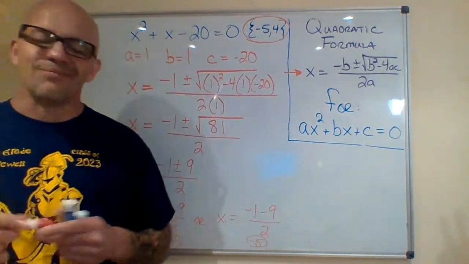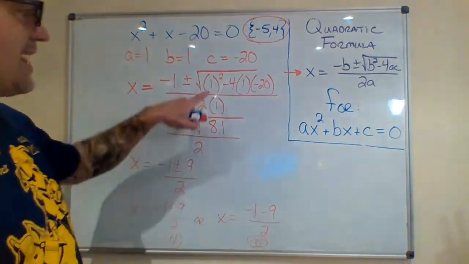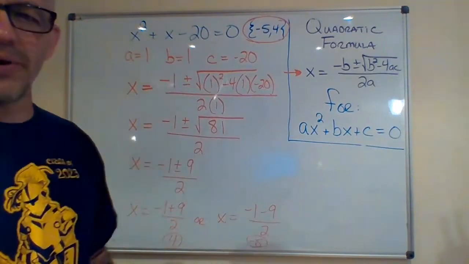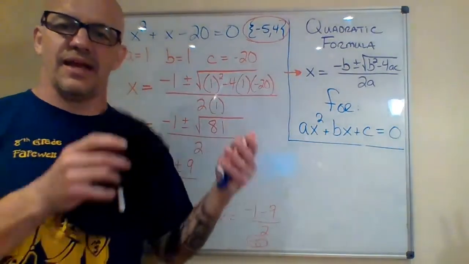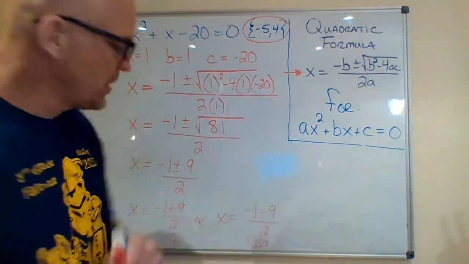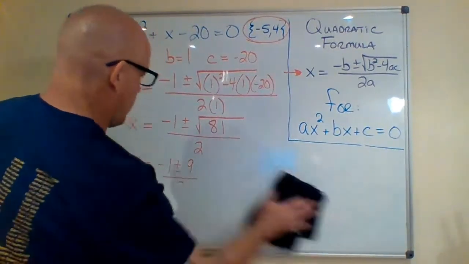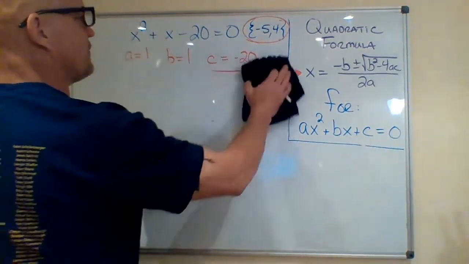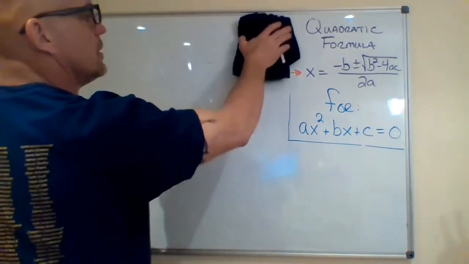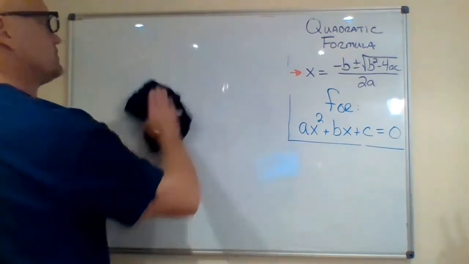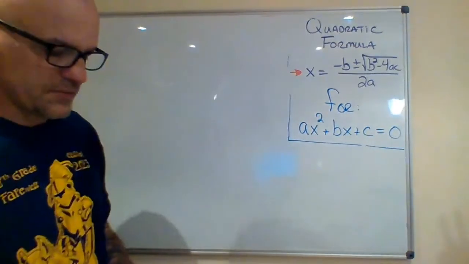Now, the only caveat is a lot of times this root won't be pretty, so we'll have to leave it in a complex number form. So let's do one that's not quite as pretty. I think you're going to find this getting very simple. Again, if you don't have your calculator, make sure you have Desmos up.